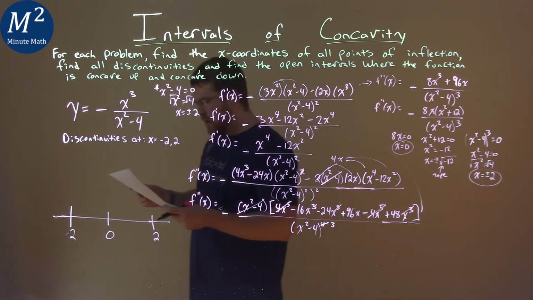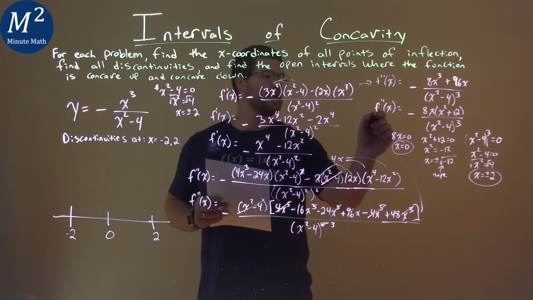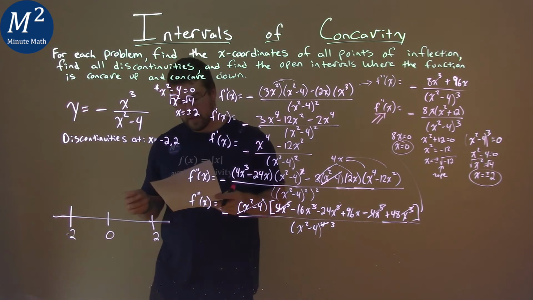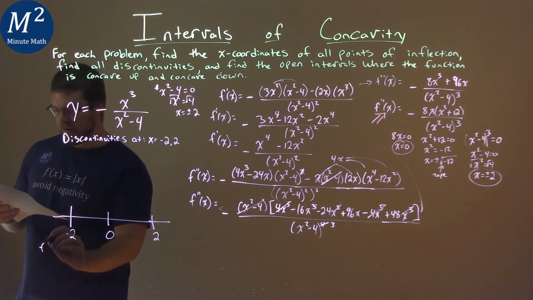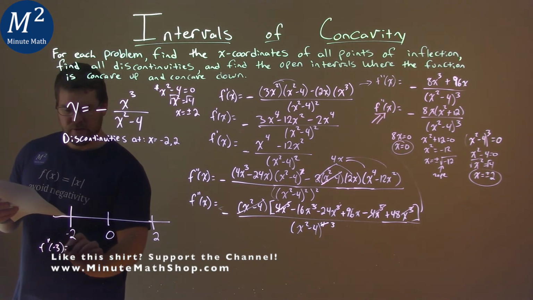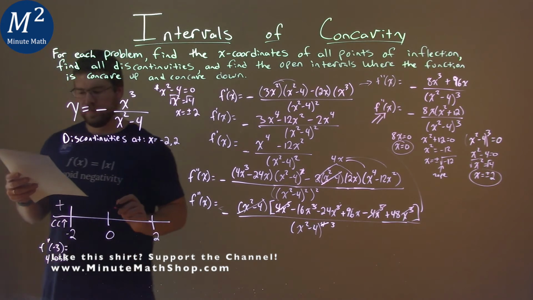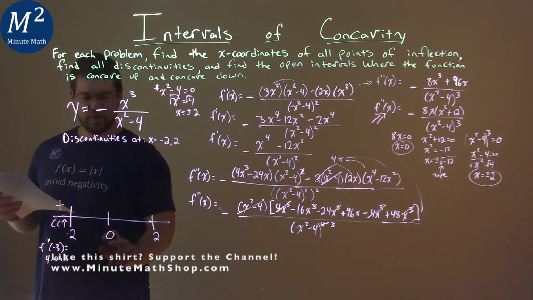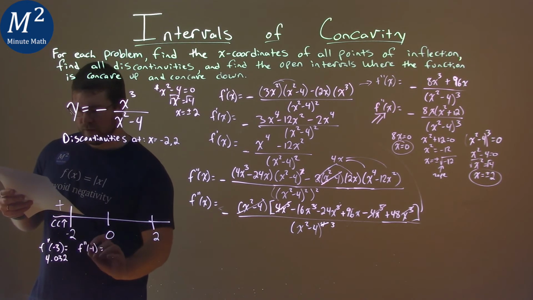Alright, so I picked values into my second derivative. Let's mark that right here so you know where that is. I picked a value, f double prime of, what did I pick, negative 3? Yeah, negative 3. And that equaled 4.032. I just care that it's positive and we're concave up there. I found a value between -2 and 0, which was -1. So f double prime of -1 is equal to -3.852.